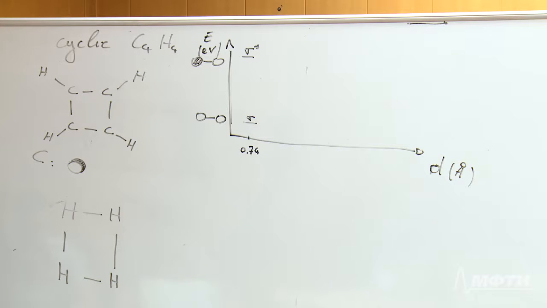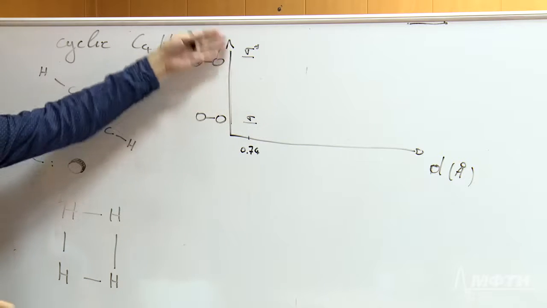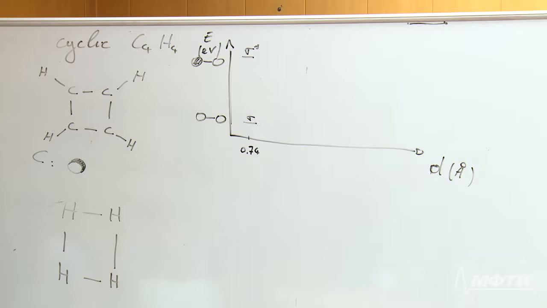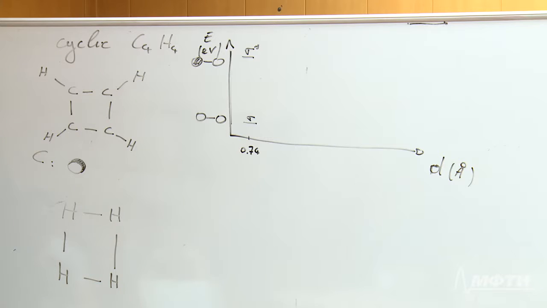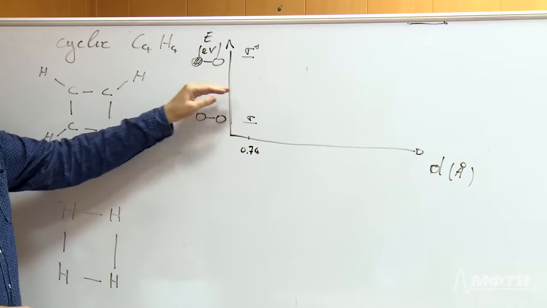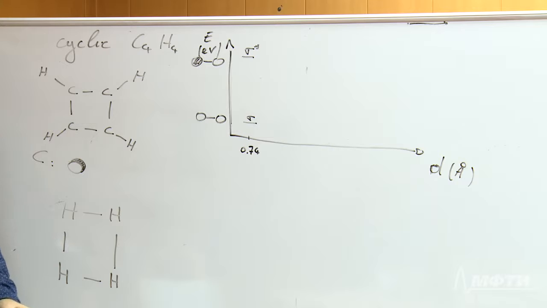So where is minus 13.6 eV on this diagram? Where do you put minus 13.6 eV on this scale?